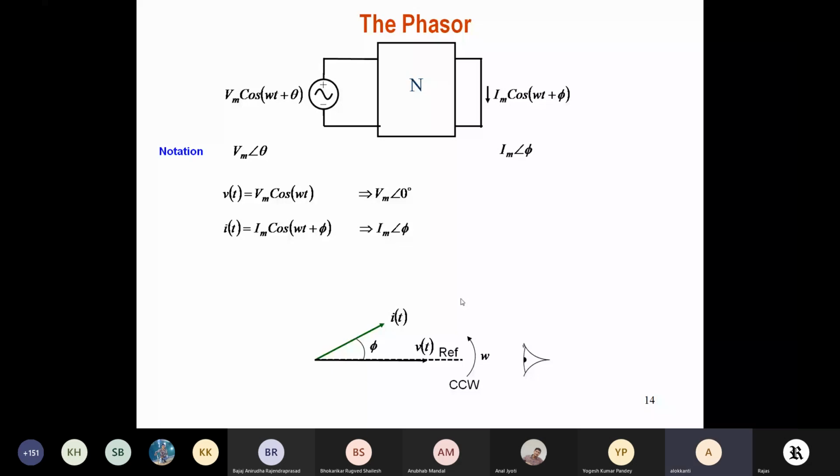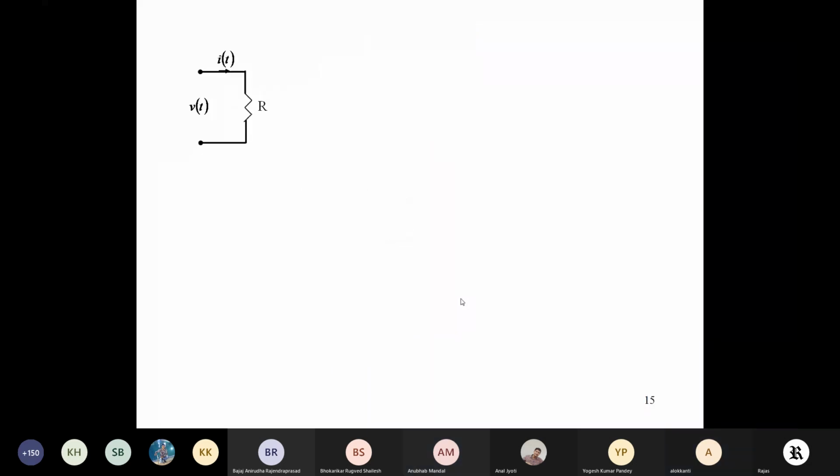Also, Vt and It are of different magnitude. You see that I have kept the phasor lengths different. It can again be bigger than Vt magnitude-wise if the denominator is less. But if the denominator is greater, it will have a lesser value. Yes, sir. Now suppose you have just a pure resistive circuit, Vt equal to IRt. So what is the phasor?